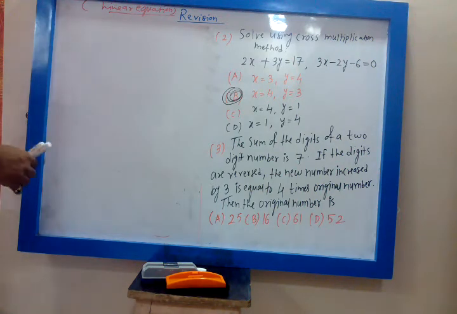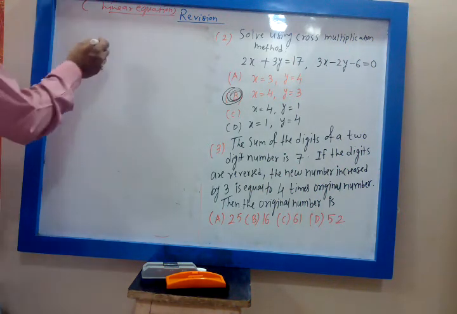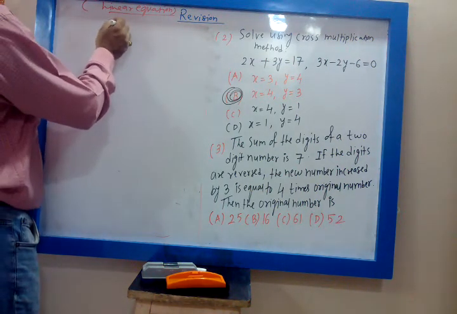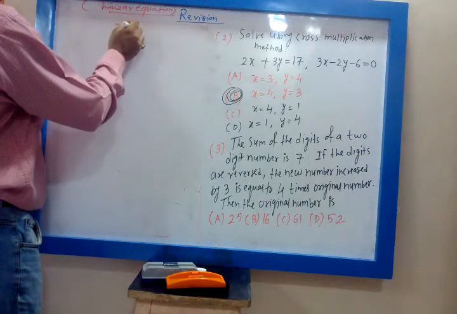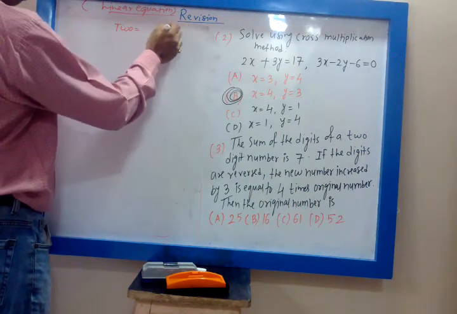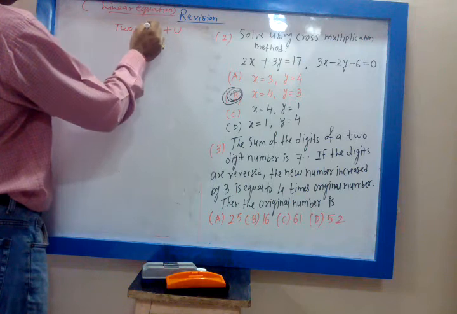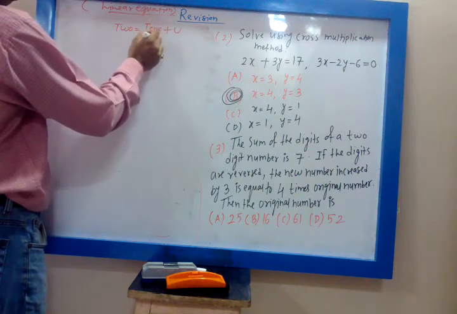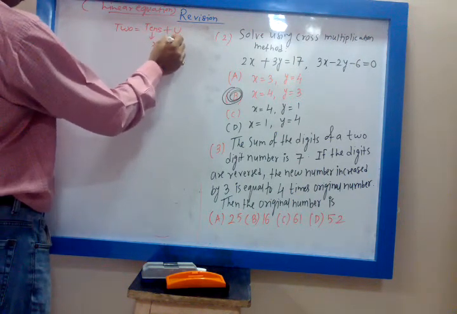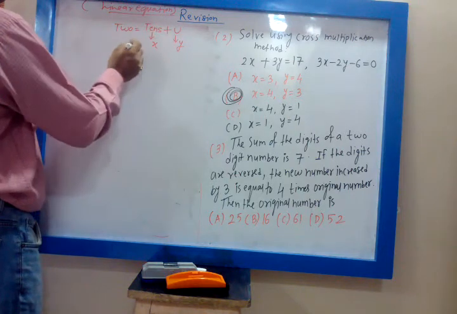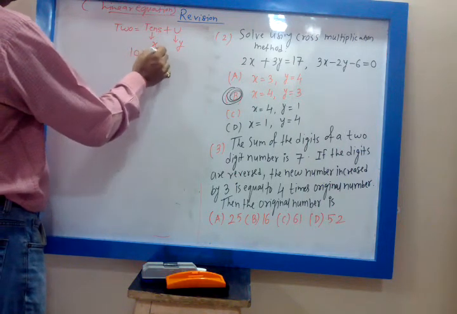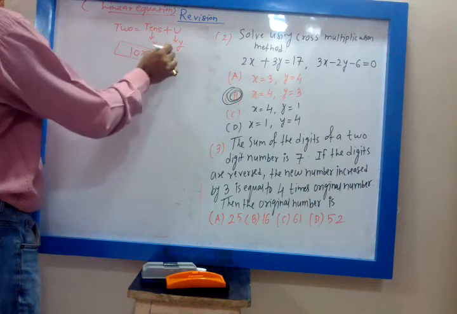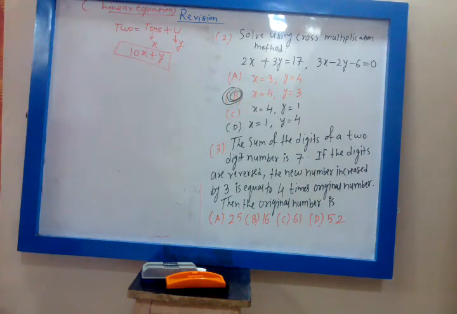So, 2-digit number. A 2-digit number has unit place and tens place. If you take tens digit as x and unit digit as y, then the 2-digit number is 10x plus y.